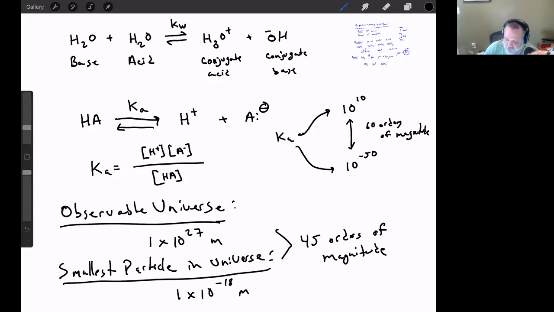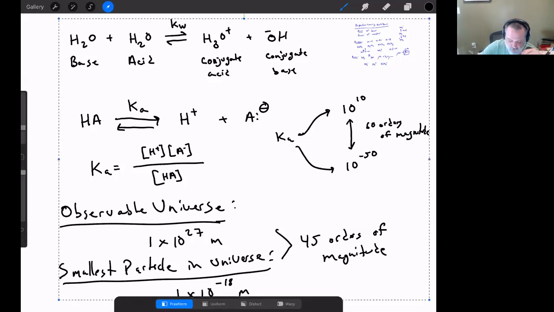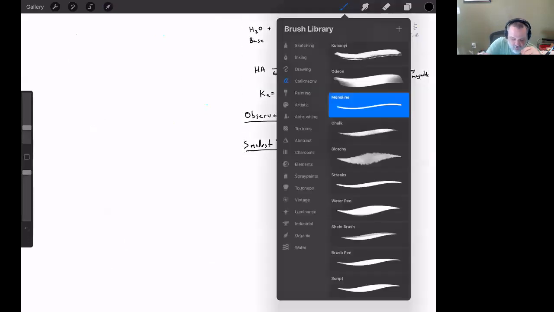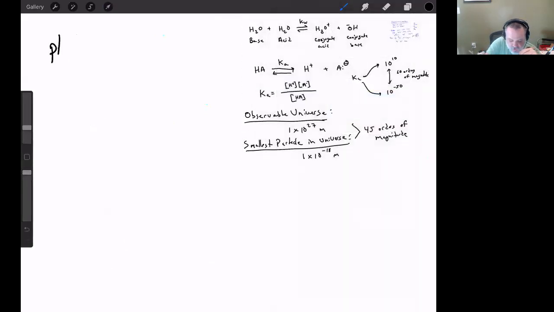And so one of the things that we typically do when we talk about the strengths of acids is we talk about the pKa. Remember that the pKa equals the negative log of the Ka. The log of 1 equals 0, so the negative log of 1 is still 0.